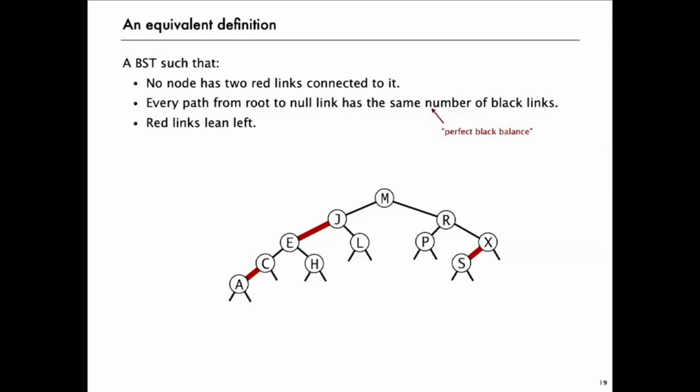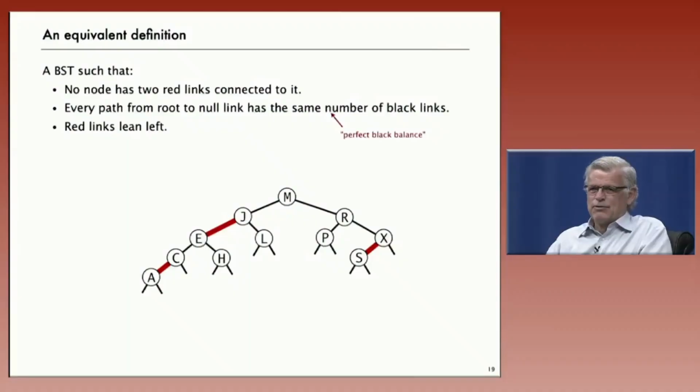But just look at the properties of a left-leaning red-black BST, with reference to what we know about 2-3 trees. First of all, no node has two red links connected to it, because the only red links are internal to 3-nodes, and those have to have external links or tree links connecting them to some other node.